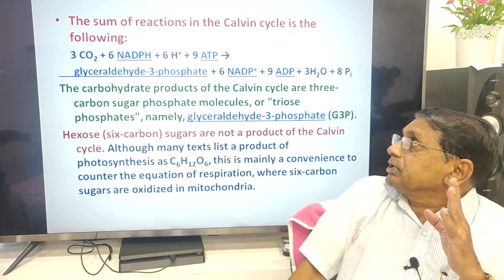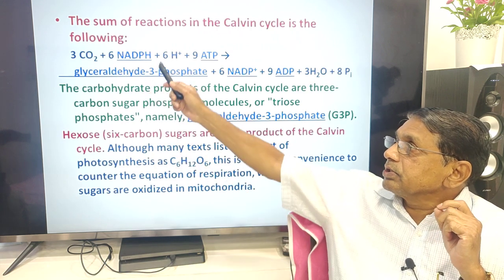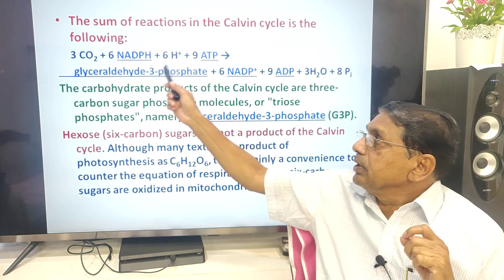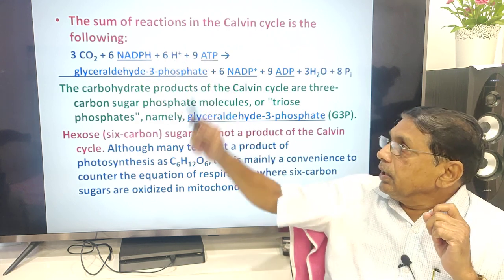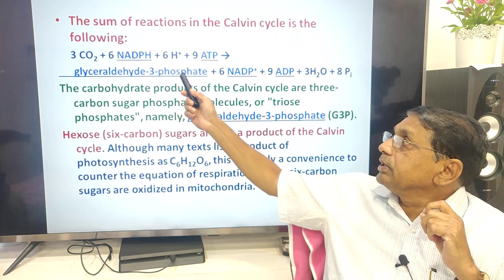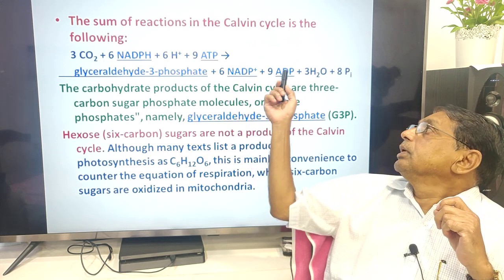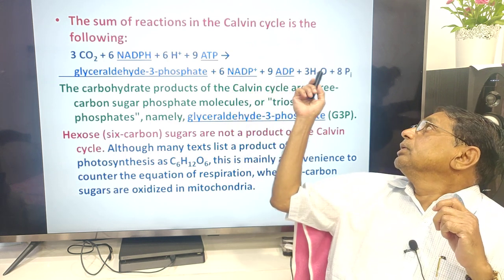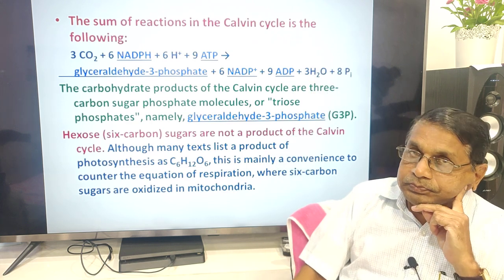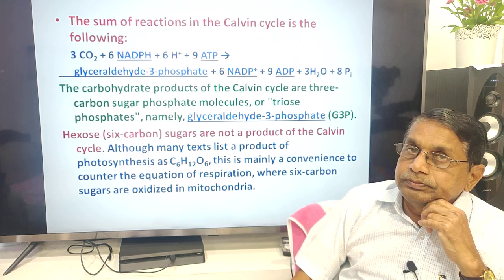Then some of the reactions in the Calvin cycle: 3 carbon dioxide, 6 NADPH, 9 ATP, giving rise to glyceraldehyde 3-phosphate, 6 NADP, 9 ADP, 3 water, 8 phosphates. This is the overall reaction of the Calvin cycle.